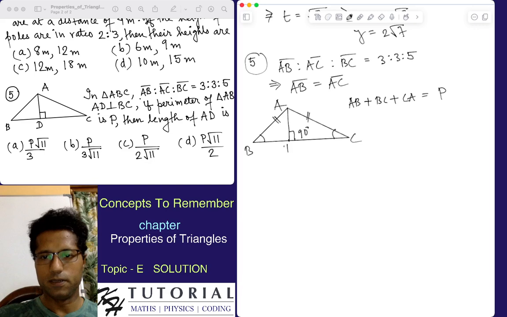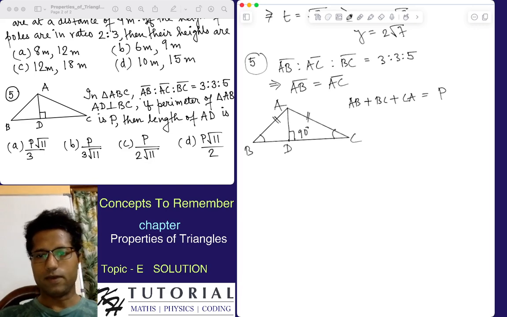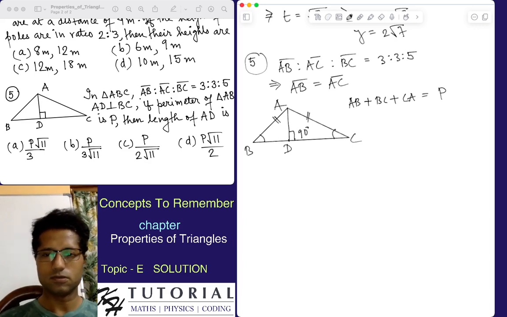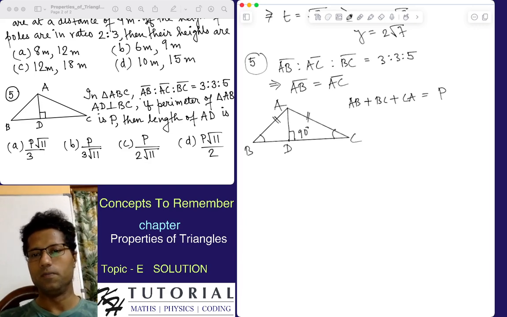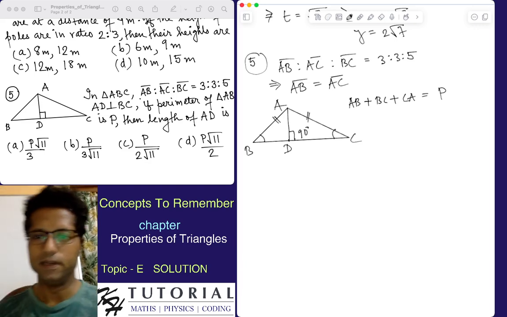So this is point D. Now we can see two right angle triangles, ABD and ADC. If in triangle ADC we know DC, then we can find AD using Pythagoras theorem. Also in triangle ABD, if we know BD, we can find AD. Now how do we find BD and DC?